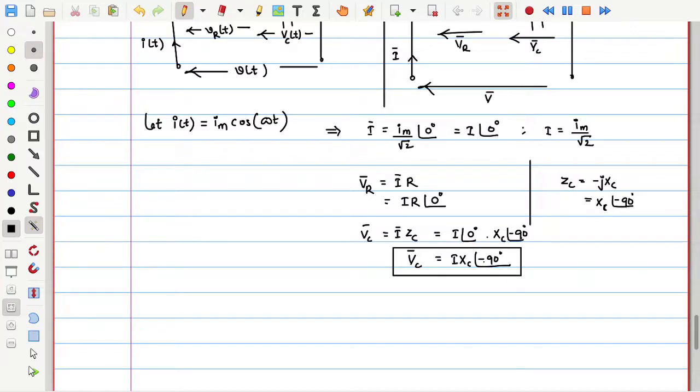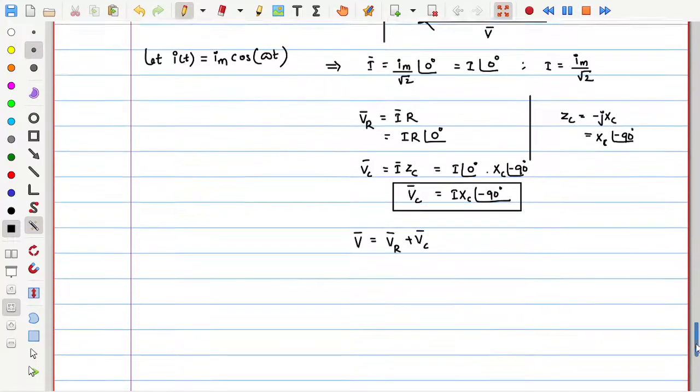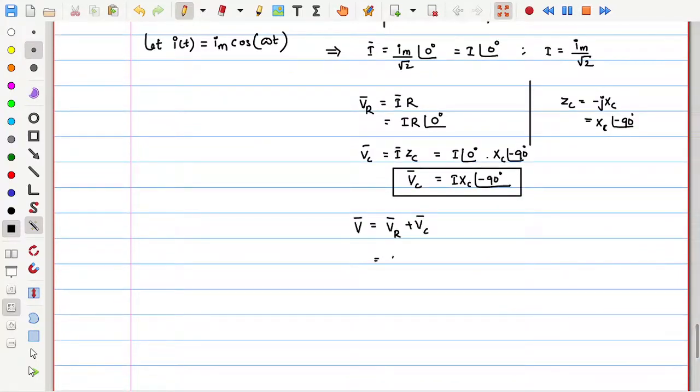Angle is minus 90. Now if I want the total voltage, I can apply the Kirchhoff law, that is VR plus VC. Everything is in phasor form, cross verify. VR is IR at an angle 0. VC is I into XC at an angle minus 90.